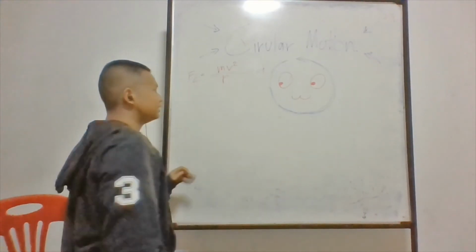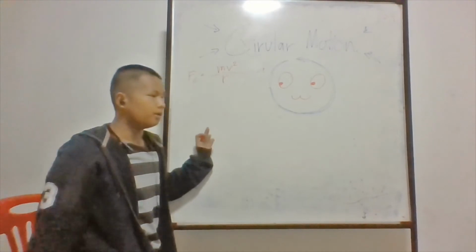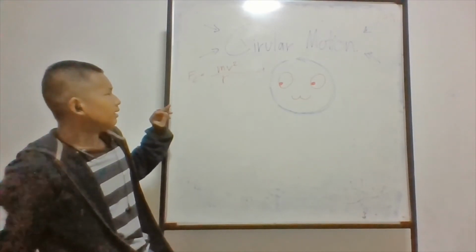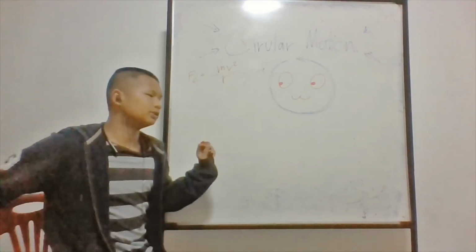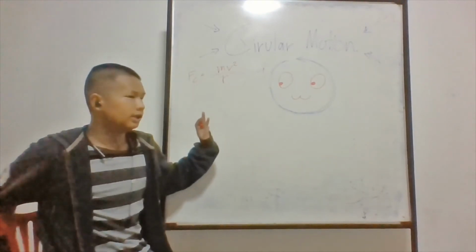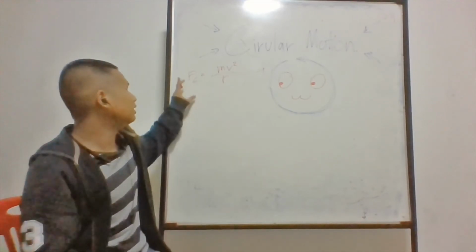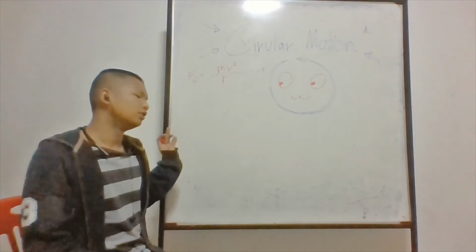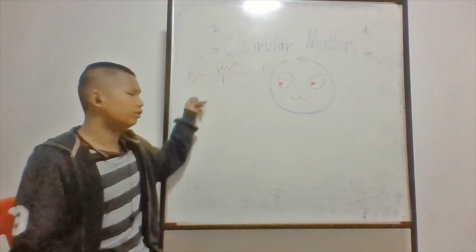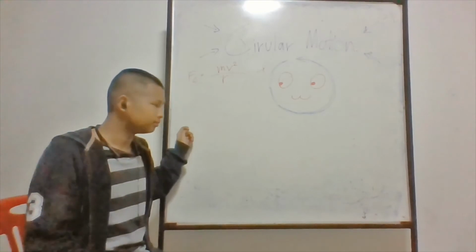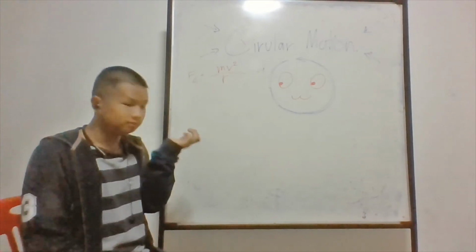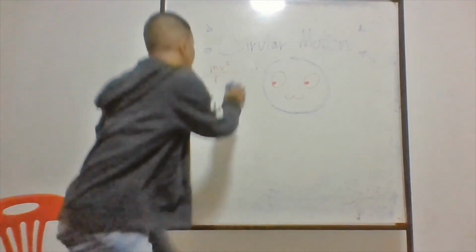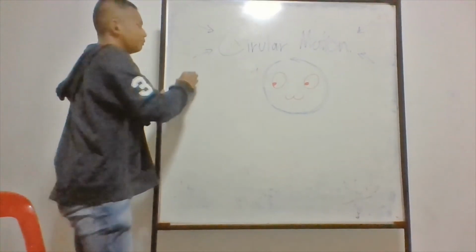The meaning of this is that if we have a smaller radius, the force is going to increase. So if the object is near the center of the circle, the force will be increased.